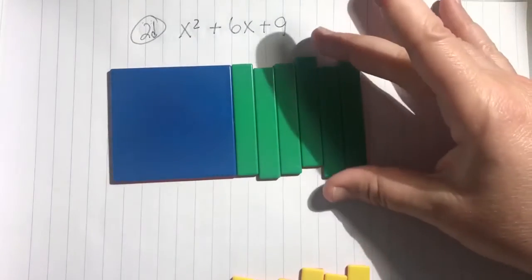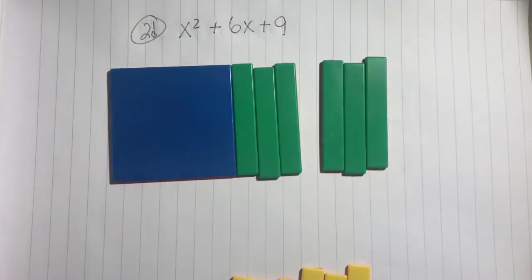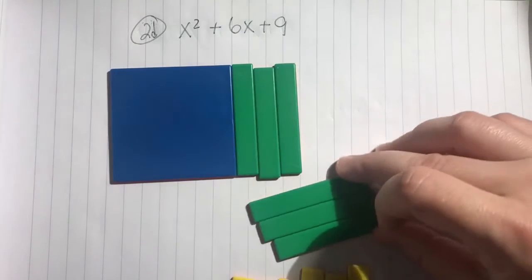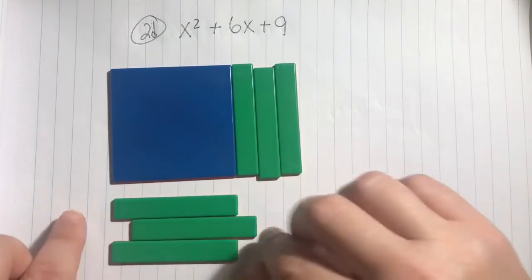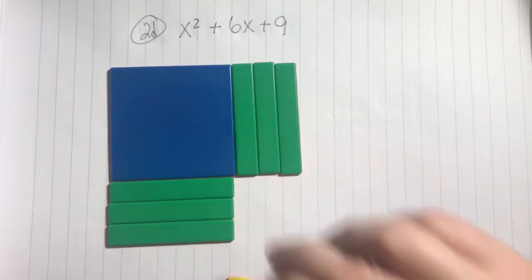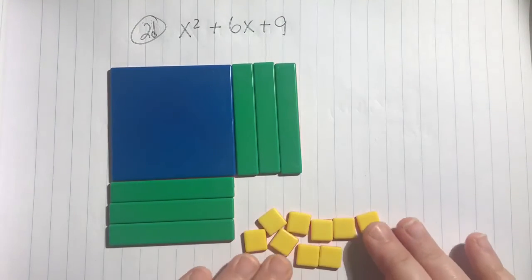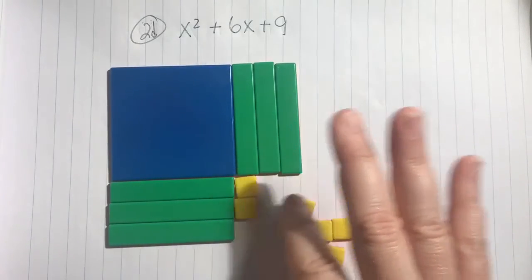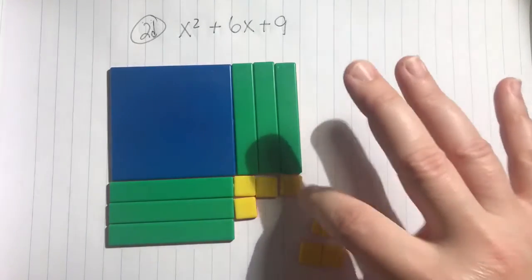So the first thing I would do is actually split these in two to see if that helps. It doesn't always work, but that's the first thing I would try. All right. Now let's see if I can fit these little ones into this space so that I make a rectangle.